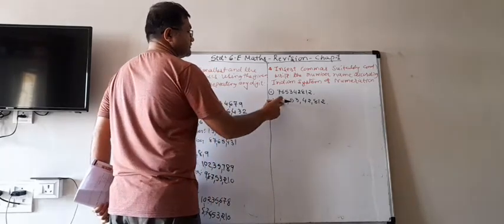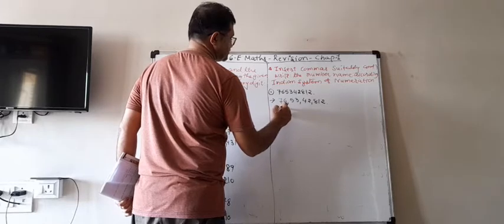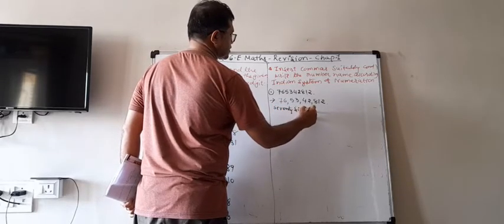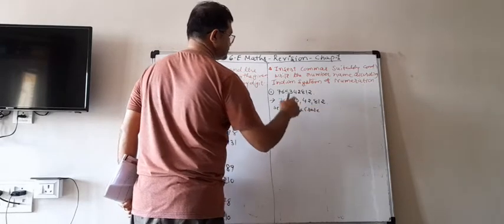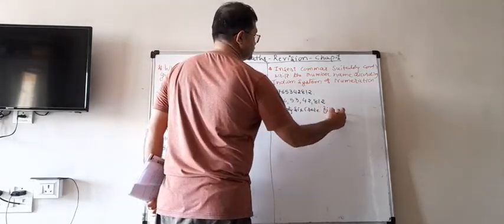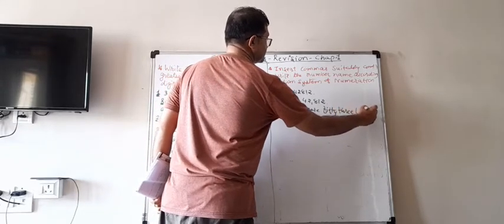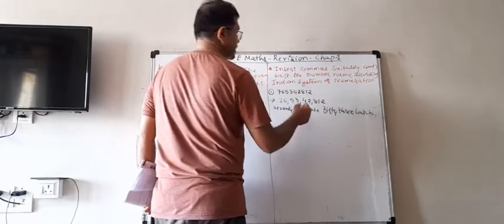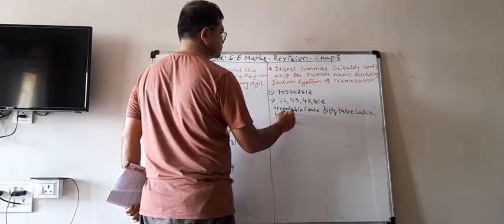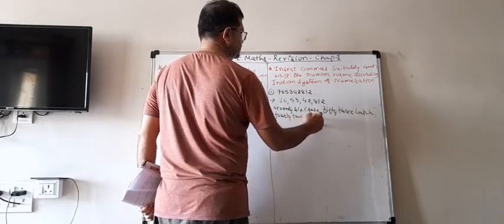It means it is 76 crore, 53 lakh. How many thousand now? 42,000. 42,812.